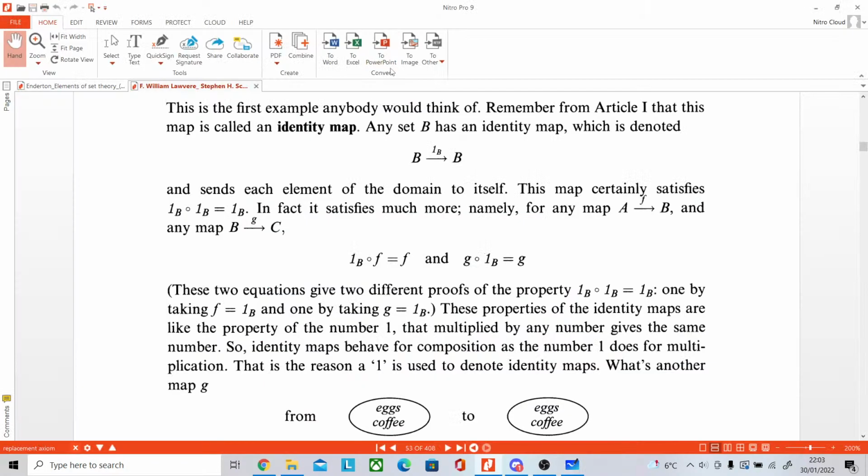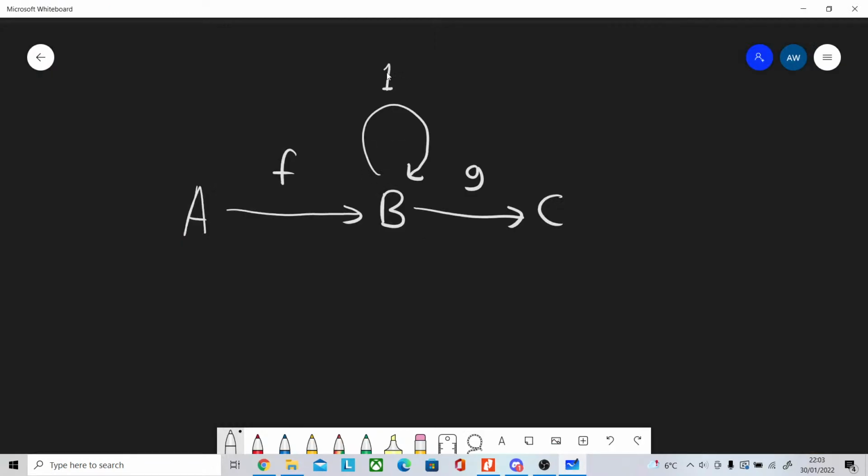This is 1B. A lot of people use IB, I don't know why this guy uses 1B, so that trips me up a bit. I'm just going to follow the book.